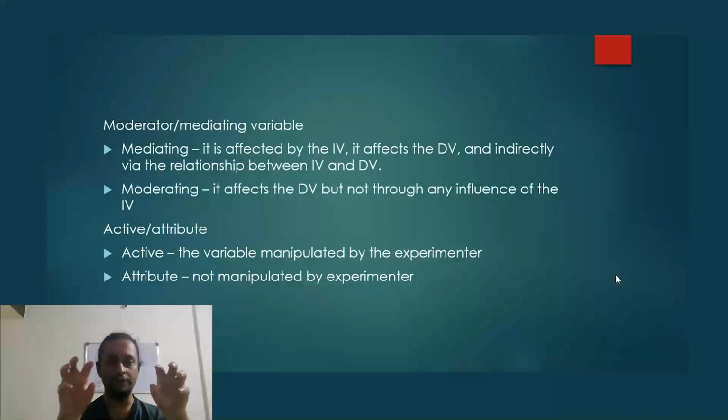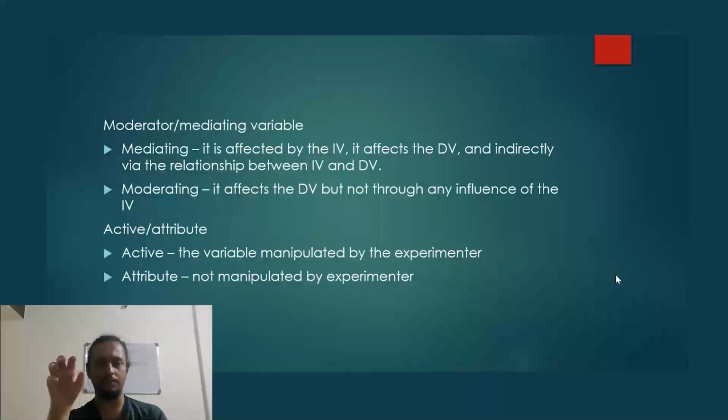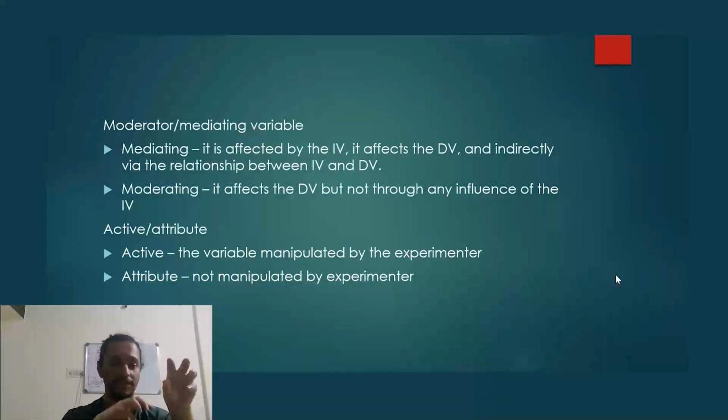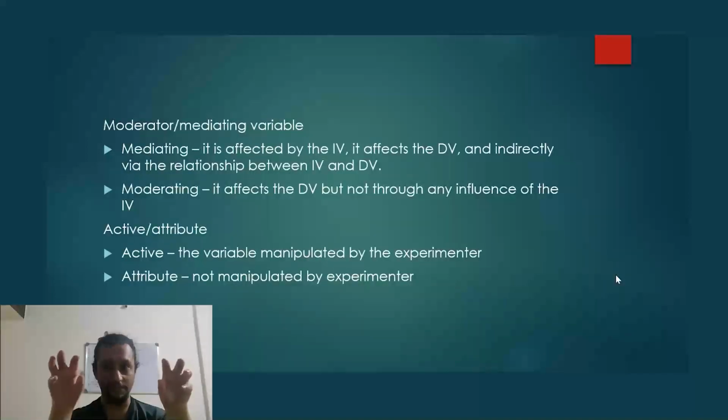But then you read more literature and you find that attention is also affected by, say, empathy. Suppose you find that attention is also affected by empathy, and then you read some more and you find no relationship existing between playing basketball and empathy. Suppose. So then that's the moderating variable, meaning that it's affecting the dependent variable, it's affecting attention, irrespective of basketball existing or not.